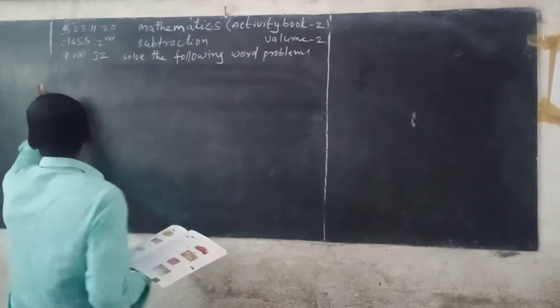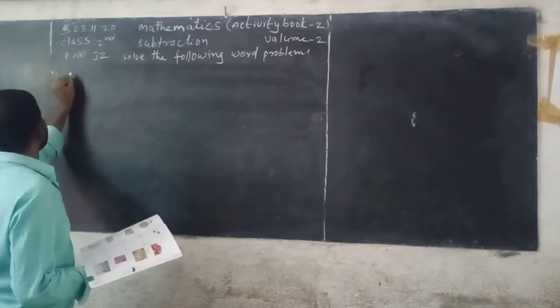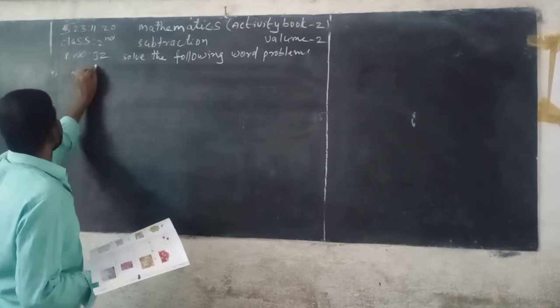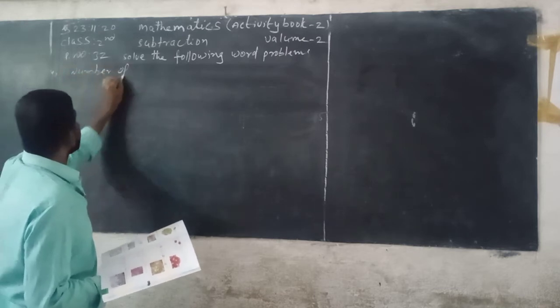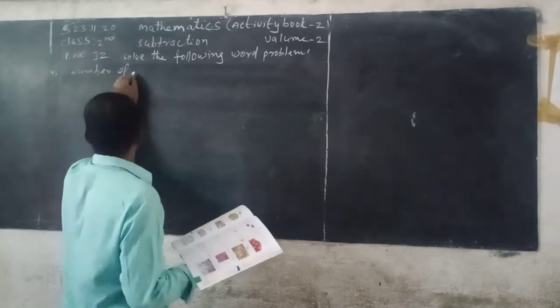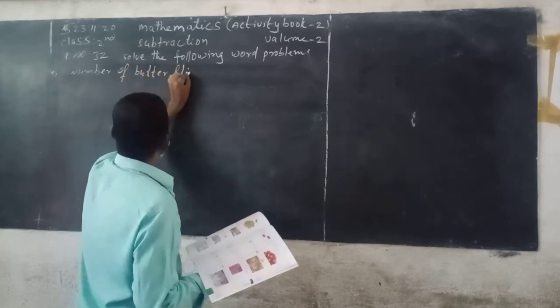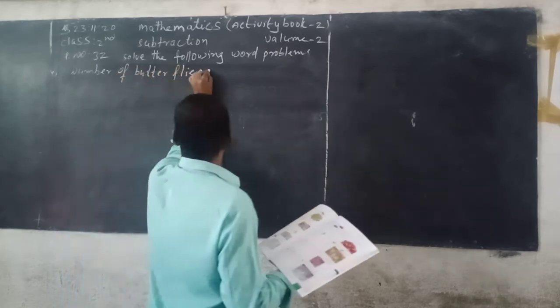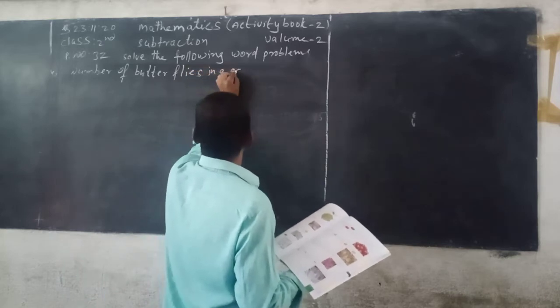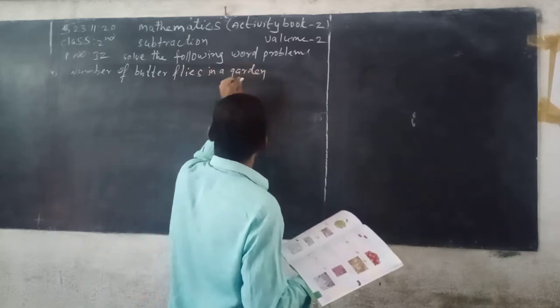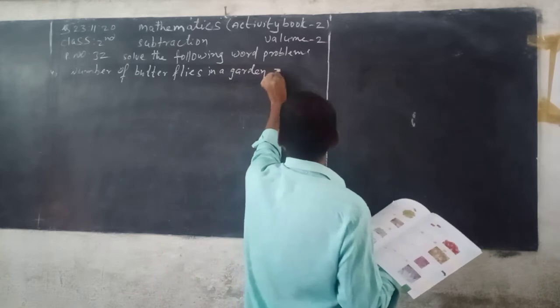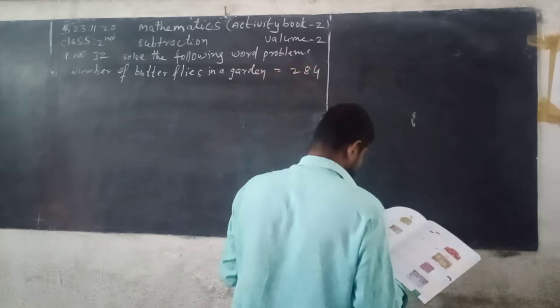See here. Number of butterflies in a garden is equals to 284.